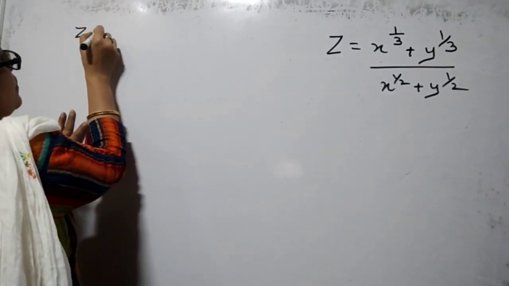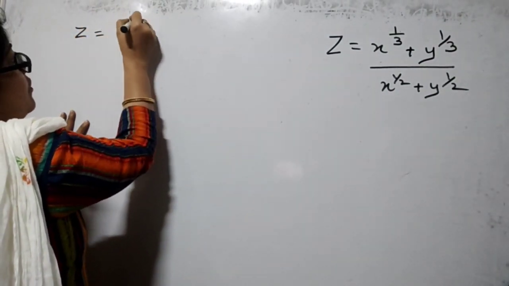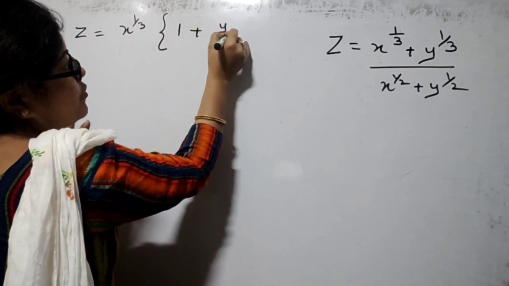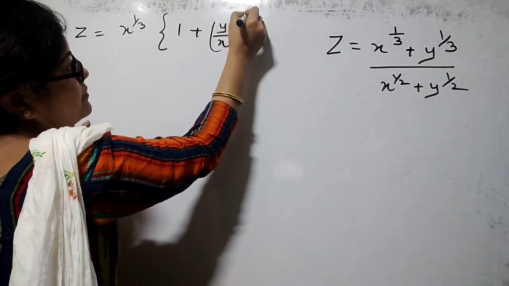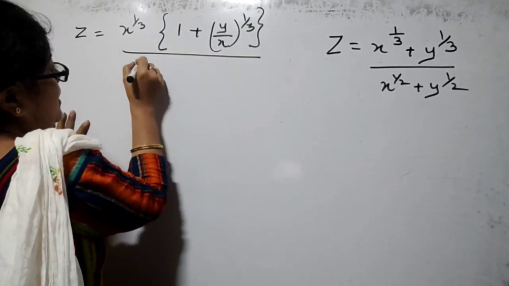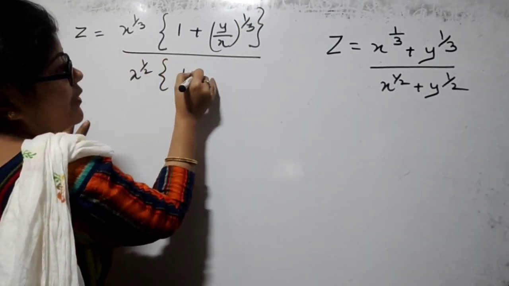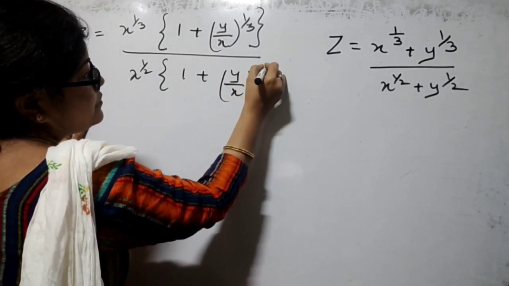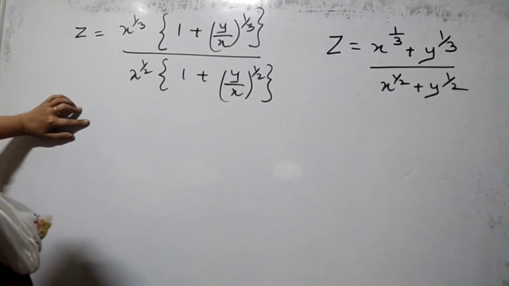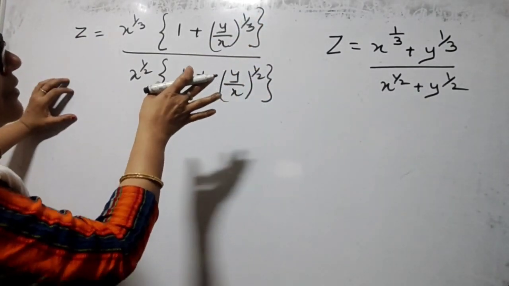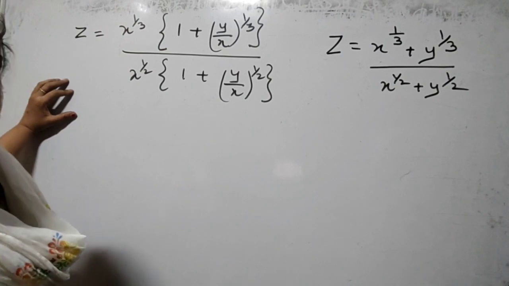Z is equal to x to the power 1 by 3 common, and we have 1 plus y over x to the power 1 by 3. Similarly, we take x to the power 1 by 2 common, 1 plus y over x to the power 1 by 2. Clear? Both of these are just representations of homogeneous equations.